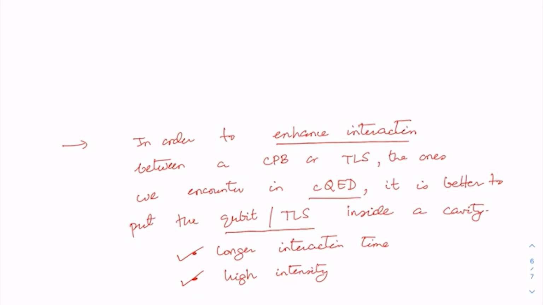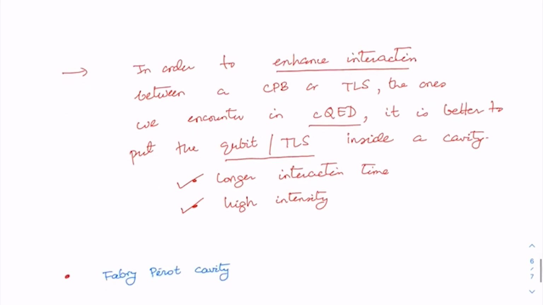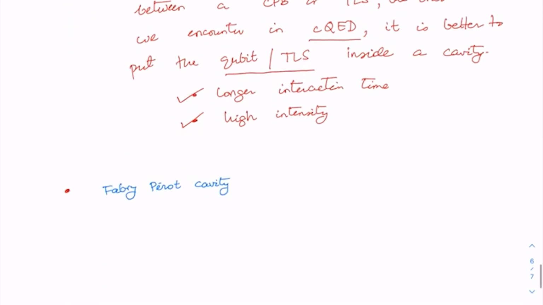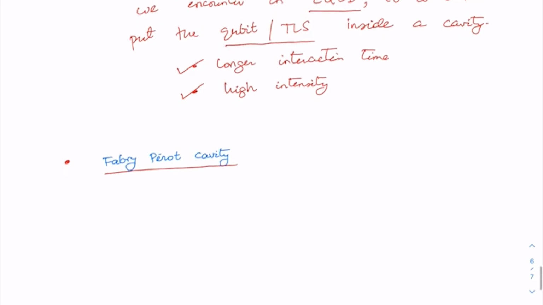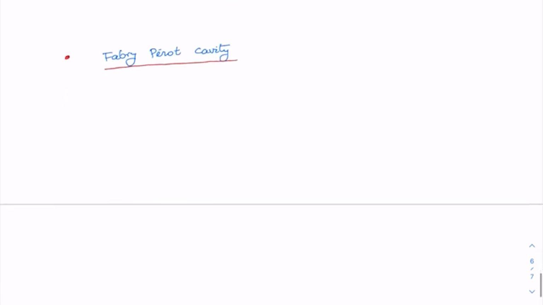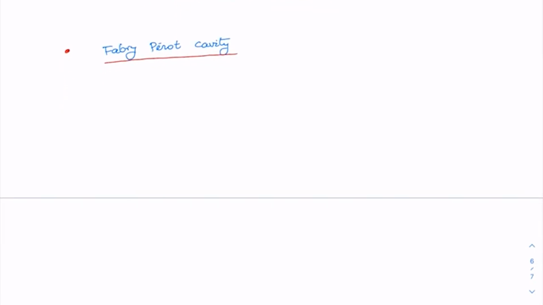But before discussing the microwave cavity, let me remind you about the optical cavity, with which most of you may be familiar. I am actually referring to the so-called Fabry-Perot cavity. The Fabry-Perot cavity consists of just two fixed mirrors separated by some distance, say d.